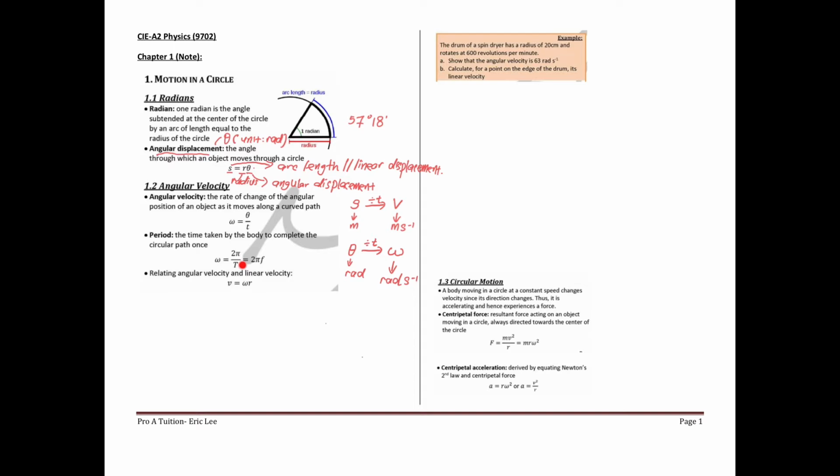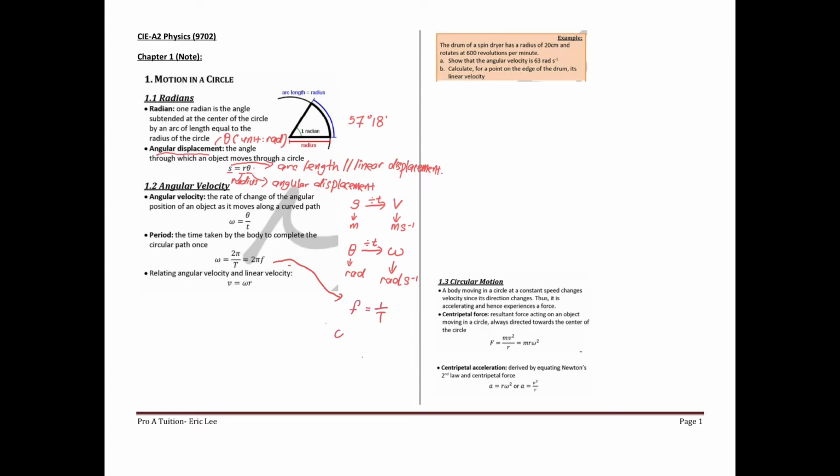So beside that, you can see another form here. The second form that is given here is 2 pi f, and f stands for frequency. So we can take the second formula in this way. We know that frequency is 1 over period.